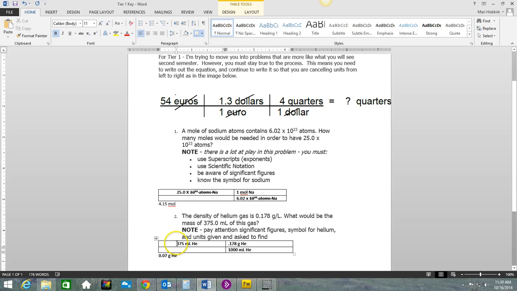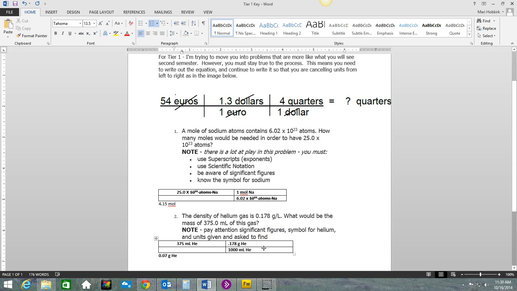So you start by putting in 375 milliliters helium. Now some of you could have put in another term here, but you should all know that a liter is 1,000 milliliters. So I went right to 1,000 milliliters helium is this.